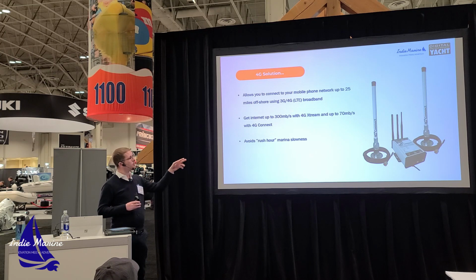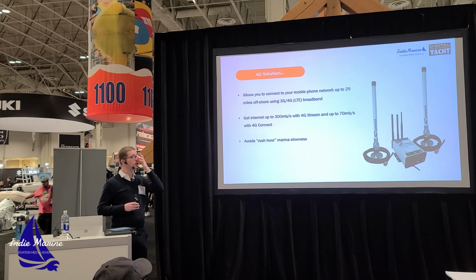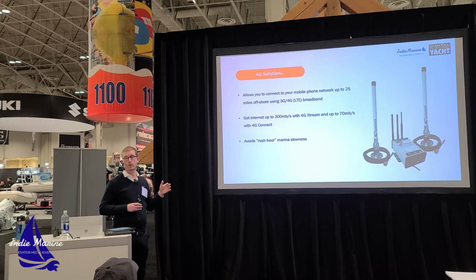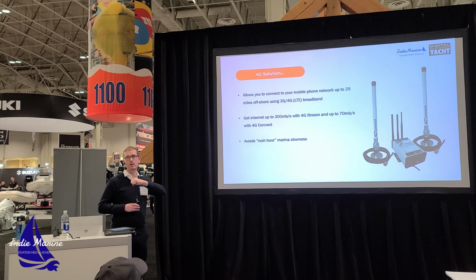By putting any SIM card inside, from Rogers or whatsoever, you are going to get internet up to 40 miles offshore. And not only will this increase the range of the internet, you will also increase the speed. You can get internet up to 300 megabits per second, and this is super fast. It's like internet back home.